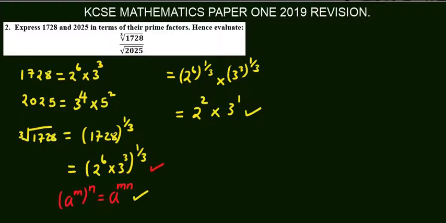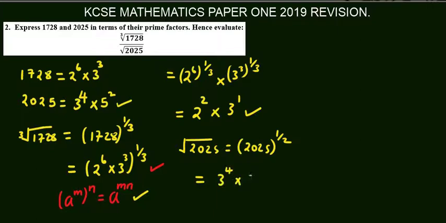On the denominator we have the square root of 2025, which can also be expressed as 2025 raised to power a half. So substituting the factorized form, we will have 3 power 4 times 5 power 2 raised to power a half.